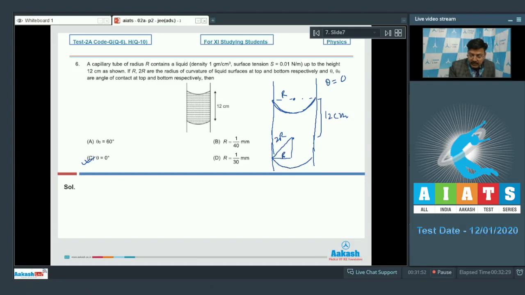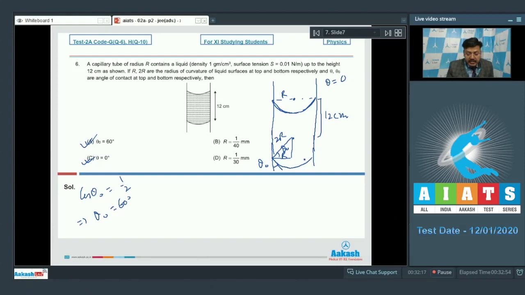This will then be r, and this is the angle of contact theta naught. So this is also the angle of contact theta naught. Cos theta naught is 1 by 2, r by 2r. So we have cos theta naught equal to 1 by 2, which gives us that theta naught is 60 degree. So that means option A is also correct.